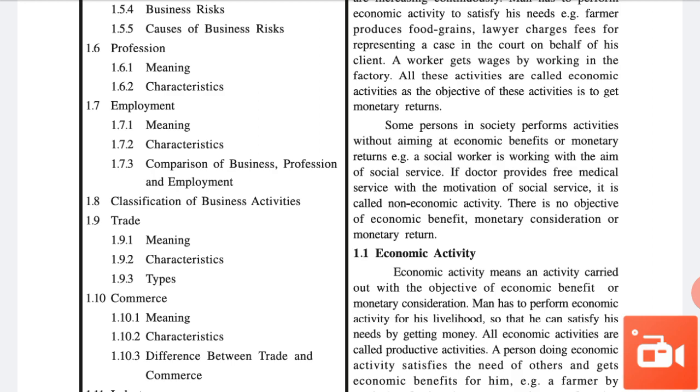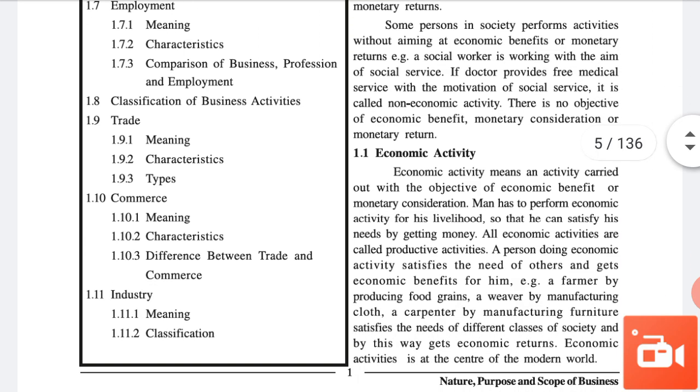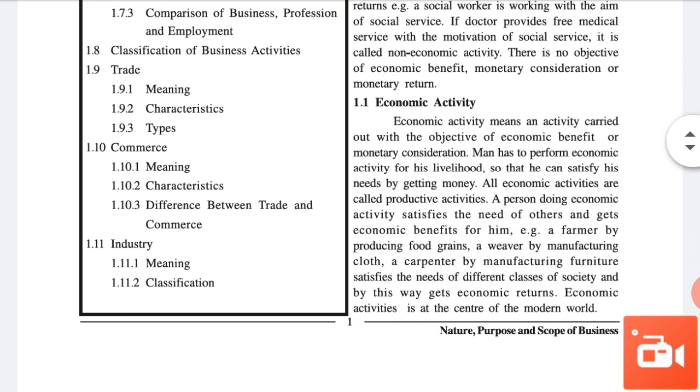There is no objective of economic benefits, monetary considerations or monetary return. Please underline this point. Then we start economic activities in detail.